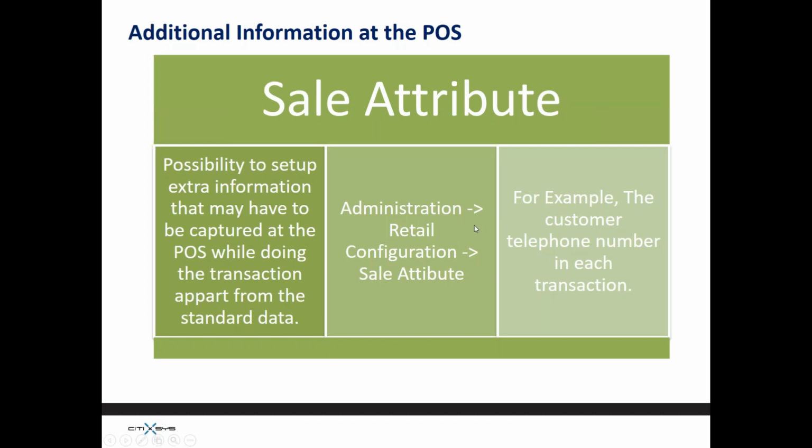So the example over here, for example, the customer telephone number in each transaction can be done, or the email address, or one of the big examples that I use with this one, that we did use, is for our integration across to the duty-free stores.